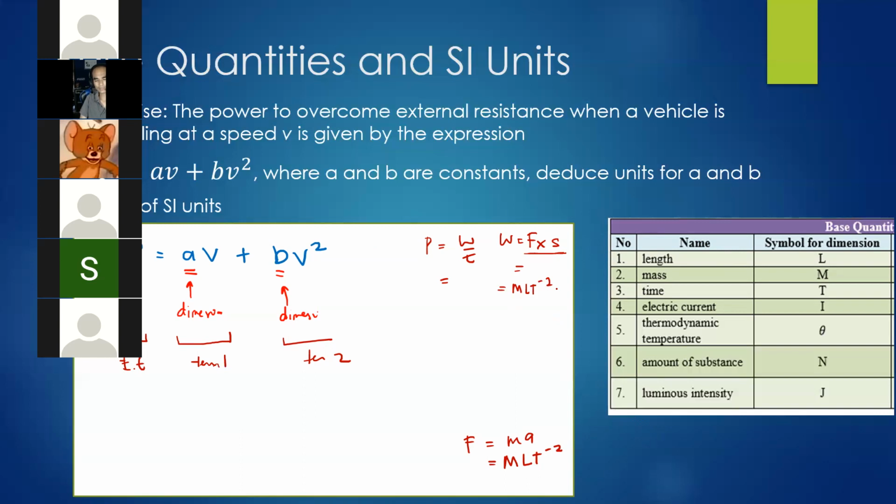S is L. So we end up with M L squared T negative 2. Okay, correct.